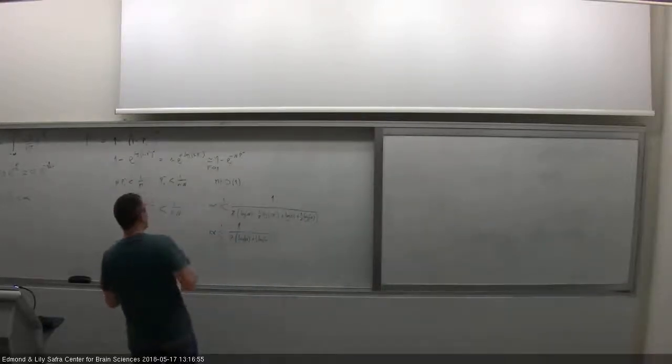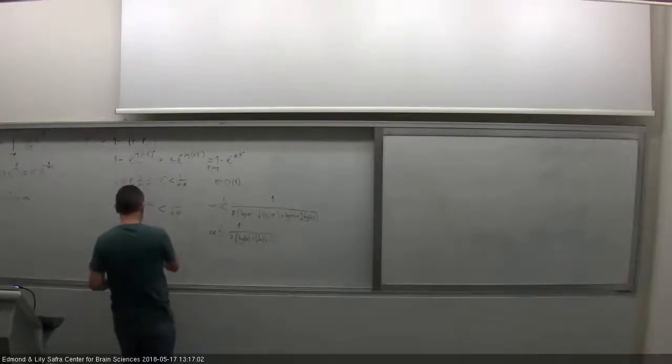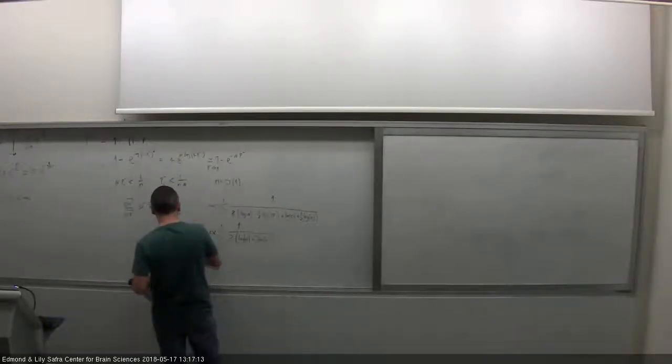So in the limit, the result is that alpha should be smaller than 1 over 2 log n, or that the number of memory patterns in the network should be smaller than n over 2 log n.